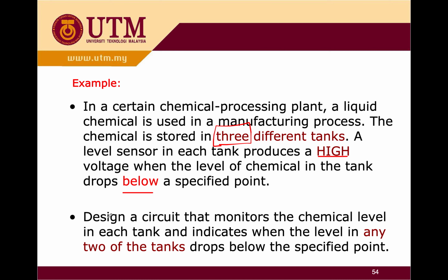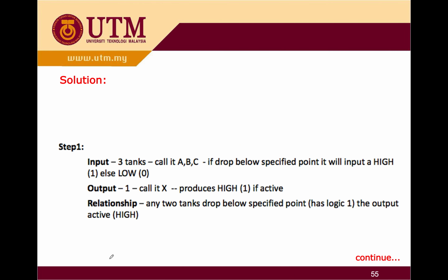And you need to design a circuit that monitors the chemical level in each tank and indicates when the level in any 2 of the tanks drops below the specific point. So you need to know about the high. If high means below, and 2 of the tanks drop below the specific point.